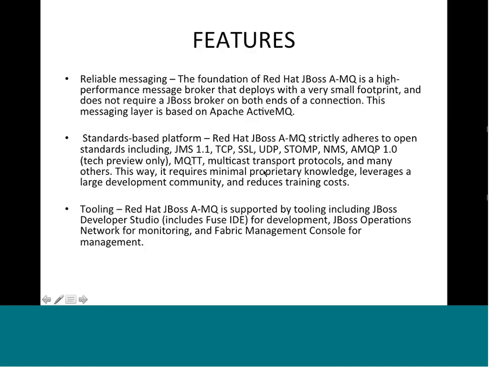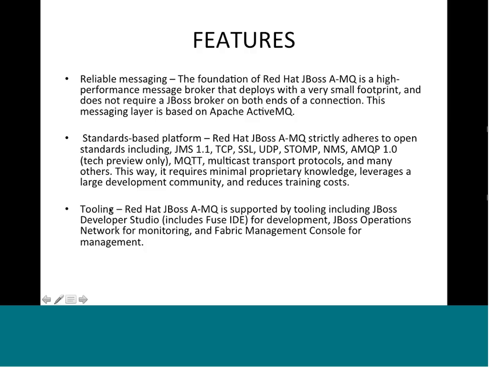Okay. Right, so this way it requires minimal proprietary knowledge, leverages a large development community, and reduces training cost. Since it is based on standard protocols like JMS, your learning curve will be less in order to use it as a messaging platform in your enterprise architecture.